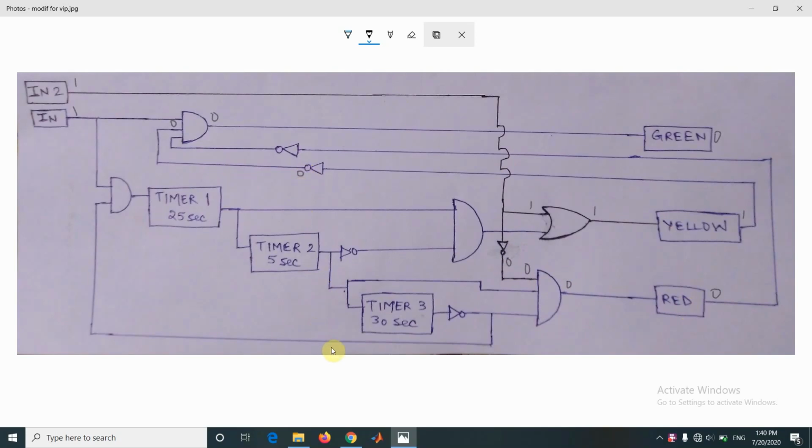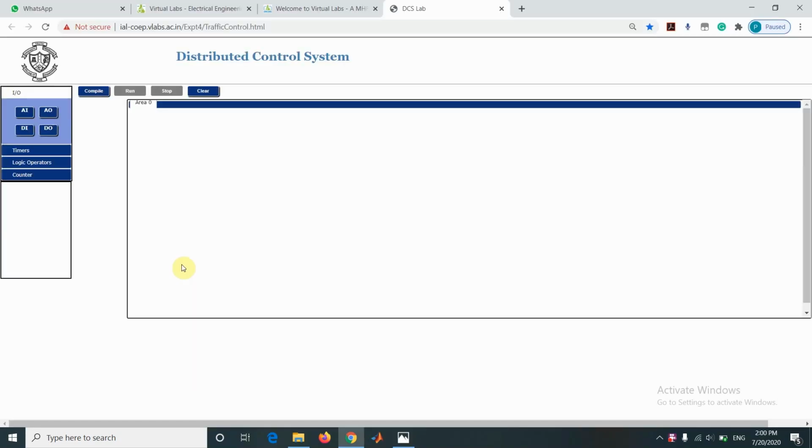So now let's go to the simulator and simulate this system. We would need two digital input blocks, three digital output blocks.